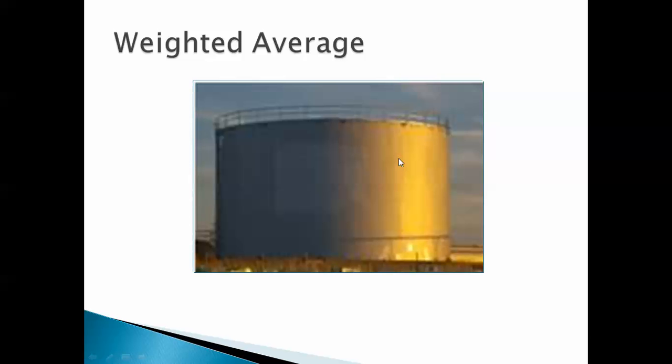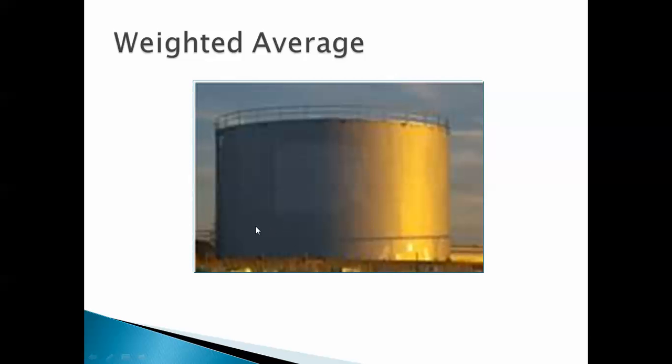The last method we'll be demonstrating is the weighted average, and I like to think about a big gas tank. You've got this big gas tank with a layer of gas sitting down here, and you decide to buy more gas. Let's say you paid $1 a gallon for the gas here, brought in from Conoco or whomever. Then you bring in some new gas. When you dump that gas in there, you're not going to be able to tell the $1 a gallon gas from the new gas, say you pay $2.